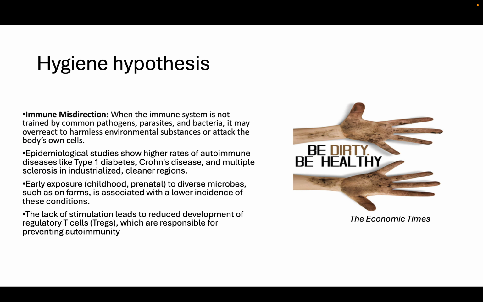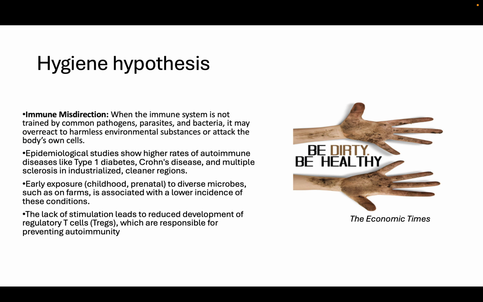Another one that is so interesting is the hygiene hypothesis, which I'm quite sure you've heard. Imagine that you have twins, so genetically they're exactly the same. If you put one twin on a farm, constantly exposed to so many microbes and dirt, and then you put someone in the city in a very clean apartment, you see that the twin in the clean apartment has much more predisposition to autoimmune diseases.